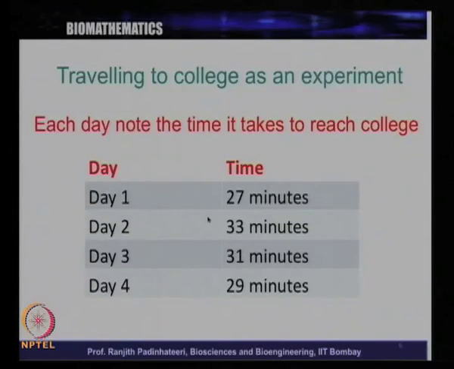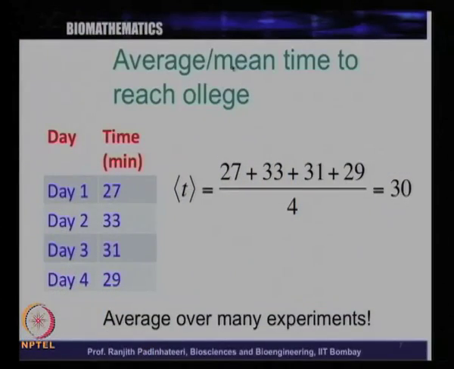That is the definition of average. The average is defined in the following way. The average, also called the mean. So the mean time it takes to reach the college can be calculated in the following way.